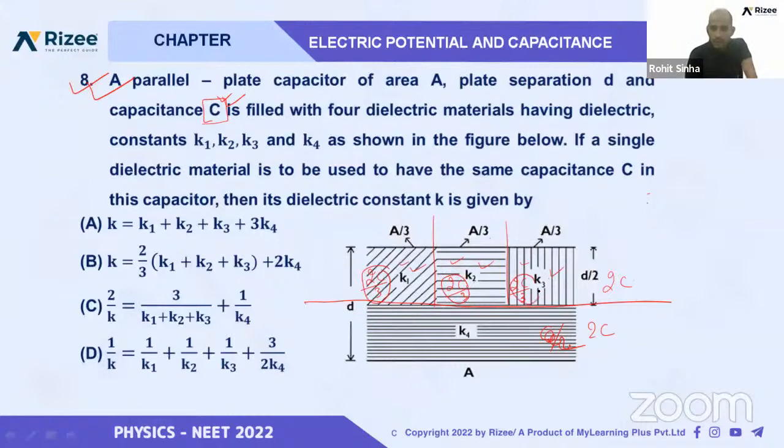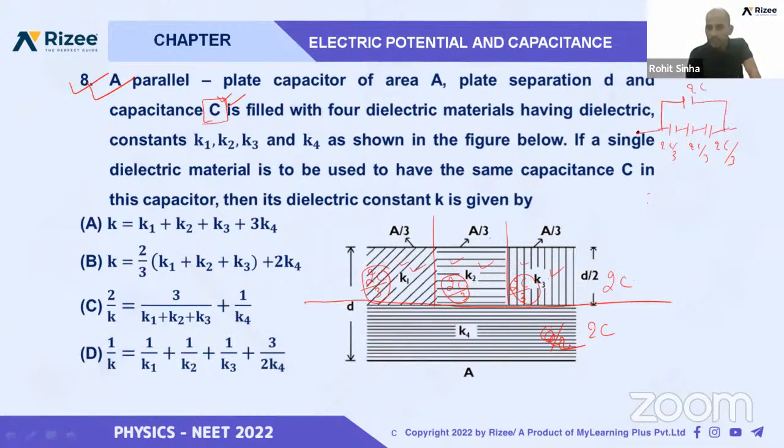2C by 3, 2C by 3, such that if we take the equivalent of this, we will get a capacitance of C. You can check also: 2C by 3, 2C by 3 and 2C by 3 in series, and it is parallel to 2C.